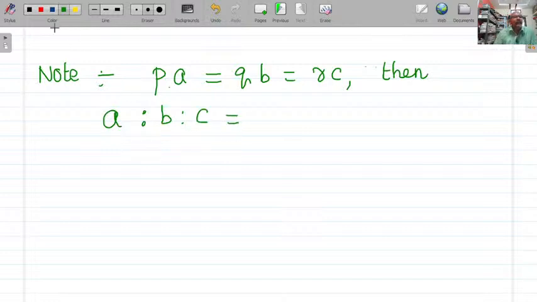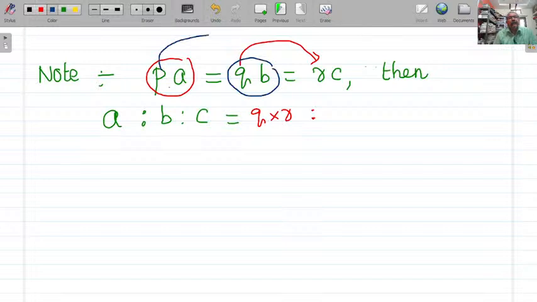How to find out? See, if you want to find out A, just keep it like this round. You multiply this Q into R, right now. Q into R is to. Next, if you want to find out B, then multiply P into R. P into R is to.